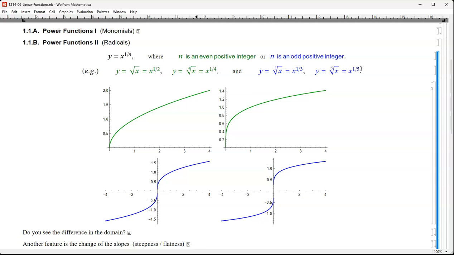As for odd radicals, yeah, negative 10 to the third power is negative 1000 and so on. So yes, there are negative numbers. You can consider negative numbers. That's the way our textbook author does.